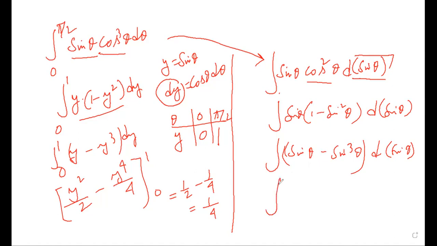As before, you can directly use sine squared theta by 2 minus sine to the power 4 theta by 4. Next you can put the limits and you will find the value as 1 by 4. Clear?